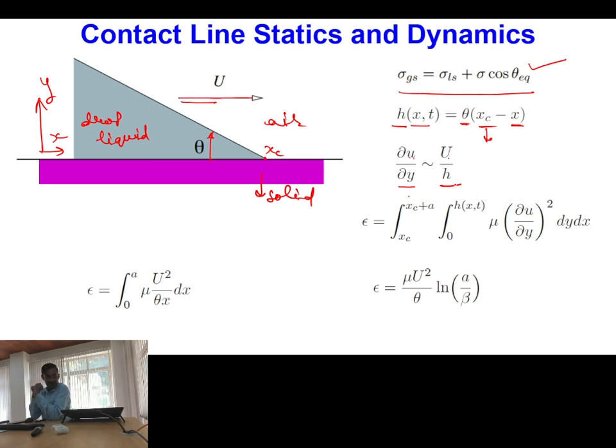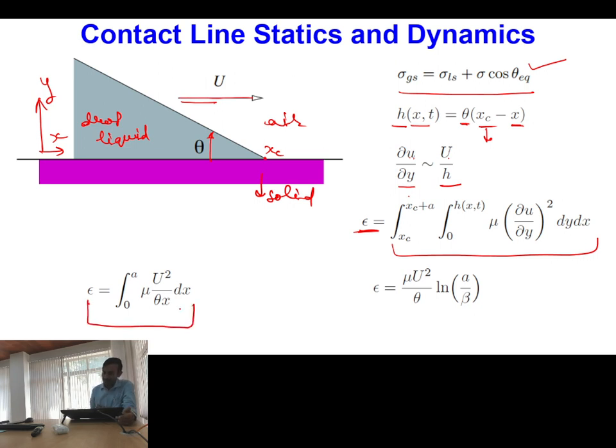But here is one challenge. If you calculate the dissipated energy, and I am not going into much detail, you will find that the dissipated energy near the contact line is this integral of dx by x, which becomes a log of x.